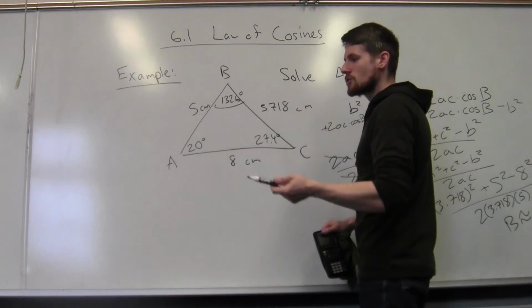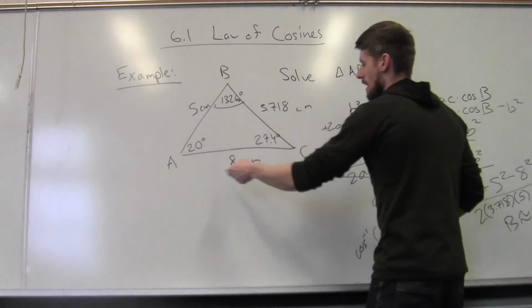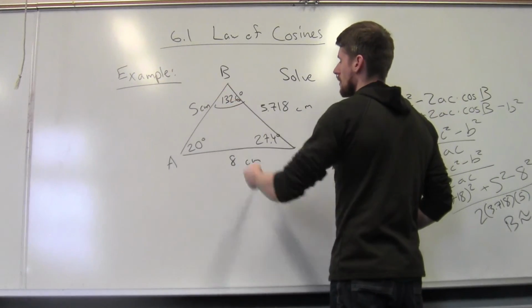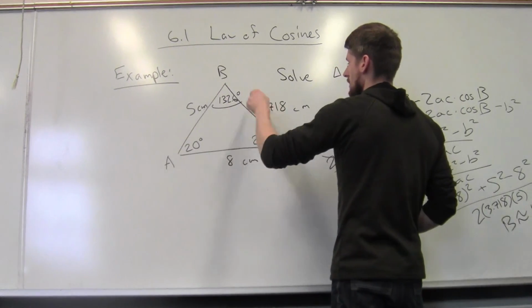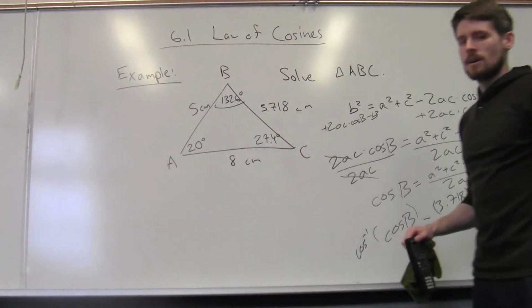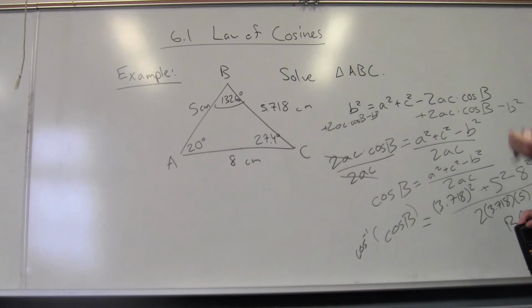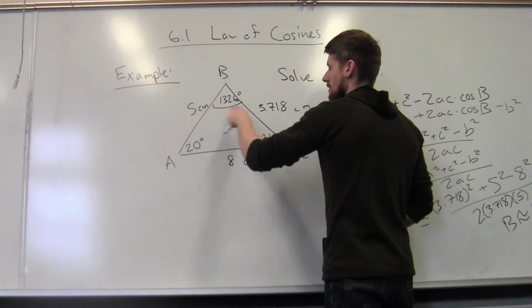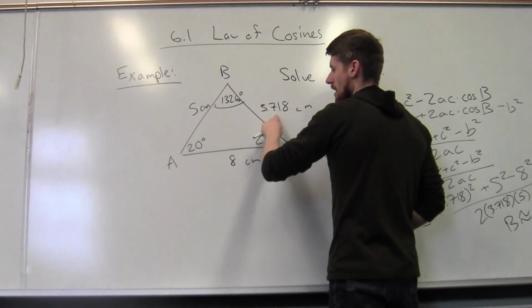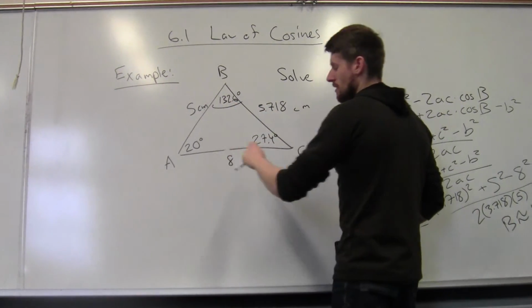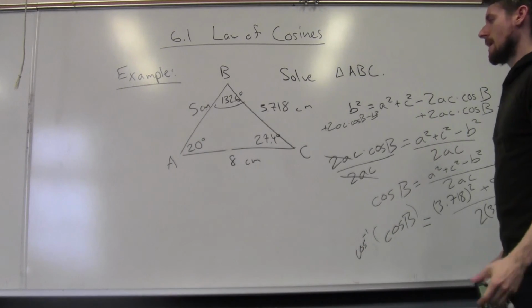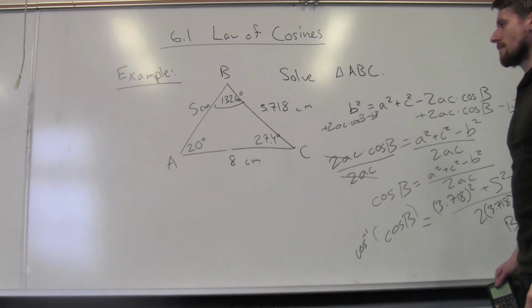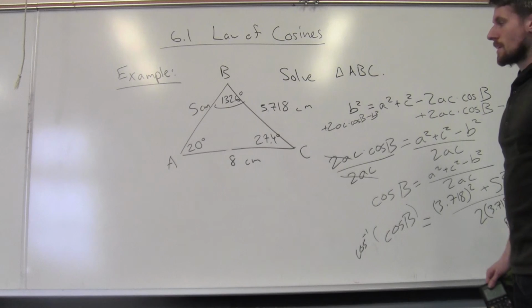So it is true that the largest side is opposite the largest angle, and the smallest side is opposite the smallest angle. So that triangle makes sense. It also obeys the triangle inequality, which is that the smaller sides add up to a number greater than the largest side. If that wasn't true, then it wouldn't be a triangle. But there's our triangle. It's been solved.